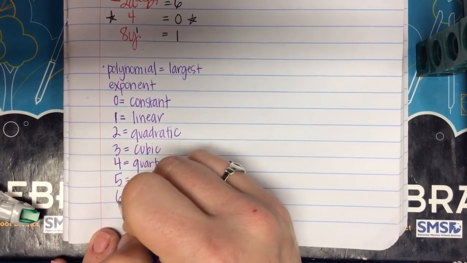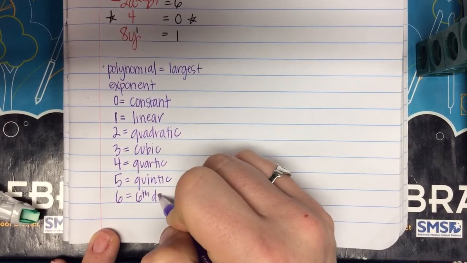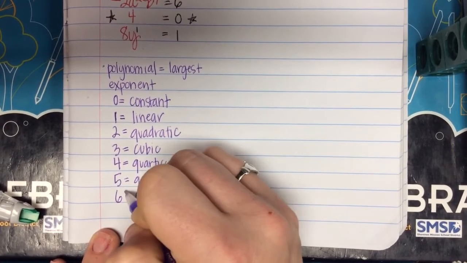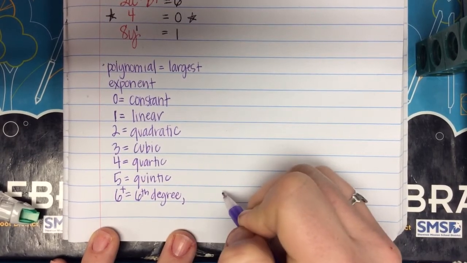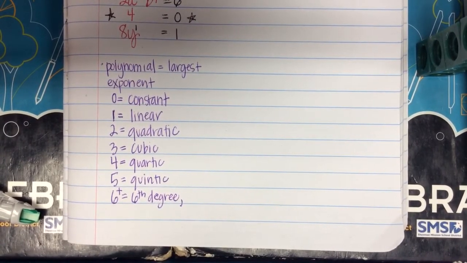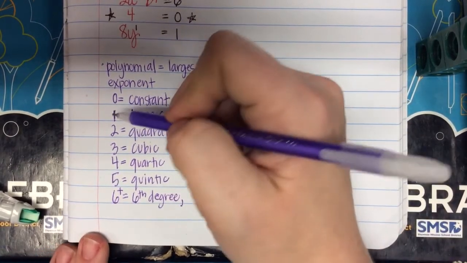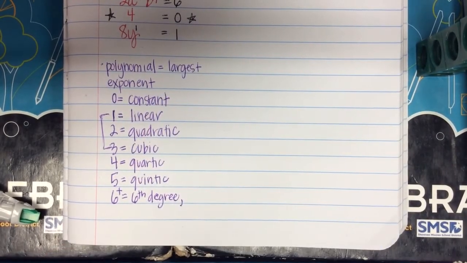And then after 6, we give up. We say it's a 6th degree. Say 6 plus. If it's a 7th, it's called a 7th degree. If it's an 8, we call it an 8th degree. Most of what we're going to deal with lies in this section. Linear, quadratic, cubic.